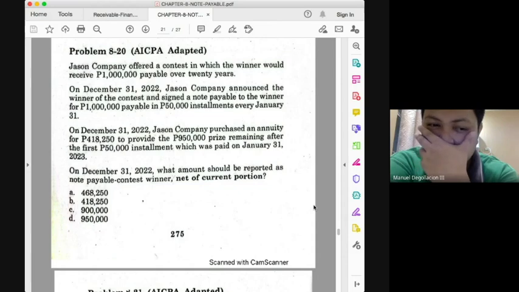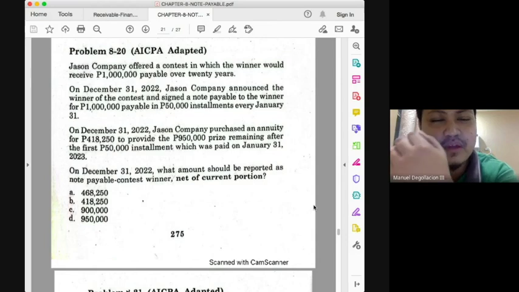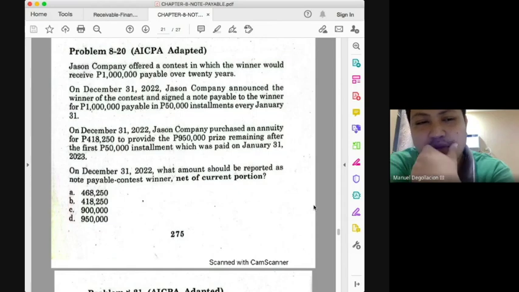But of course, the 950,000 will be considered non-current because the next payment will happen more than 12 months from the current reporting period.